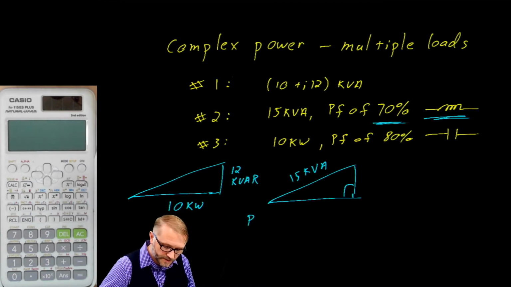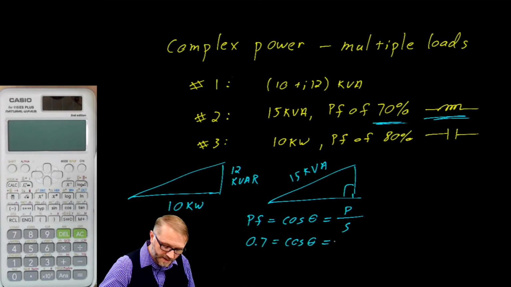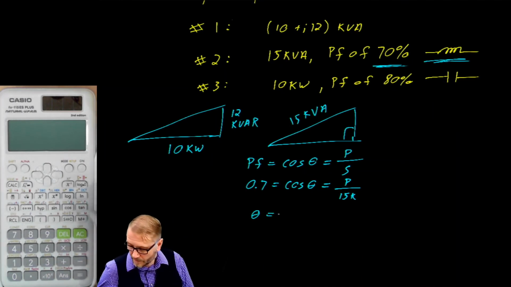From your notes, you know that power factor is defined as cosine of theta, which is also equal to the ratio of real power to apparent power. It means that 0.7 is equal to cosine of theta, which is equal to the real power over 15k. Solving for theta, take the arc cosine of 0.7.